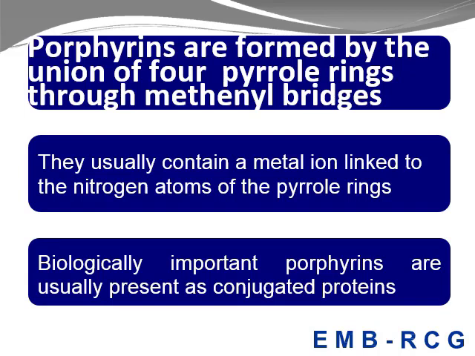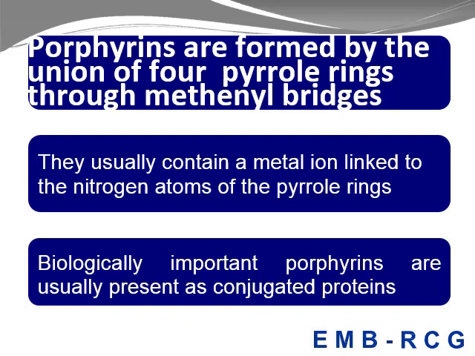Porphyrins are formed by these pyrroles. To be more precise, they are formed by joining of 4 pyrrole rings with the help of methenyl bridges, and will have a metal ion linked to the nitrogen atoms of the pyrrole rings.